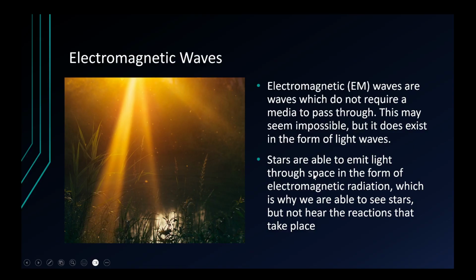And this also motivates why we can see spatial events, but we can't hear them unless they're within our atmosphere. When the sound of objects is not within the bounds of our atmosphere, then we can't hear it, because the sound and the movement doesn't cause any vibrations within the internal molecules.